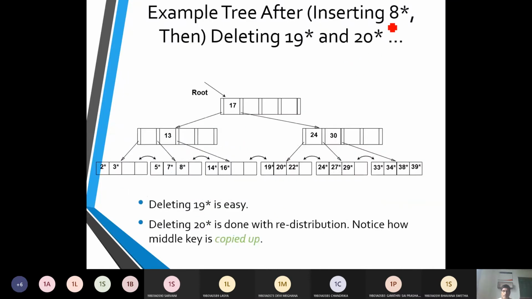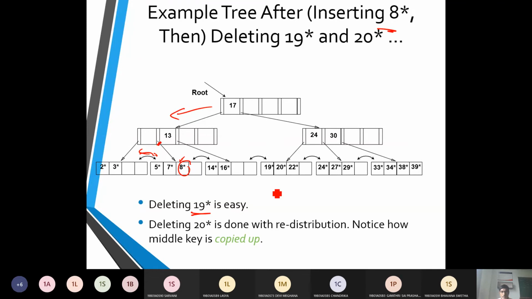Fine. Now let us see. We have to delete some elements, starting with 8. So it goes to the 17, then it goes to the 13 element, and then it is now moving to the left, less than 13. There is a link between the two units, so there 8 is going to be taken up.